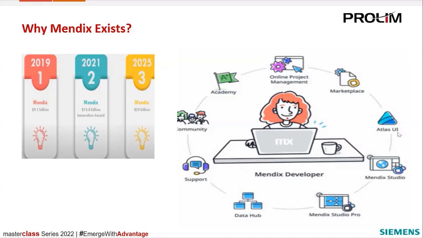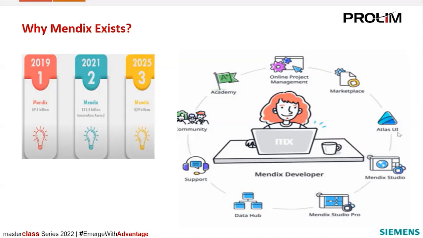And also, if you go for any other technology, for example Java, Python, and a lot of other technologies, it will take a lot of time, and it may cost you very high when you compare with Mendix.